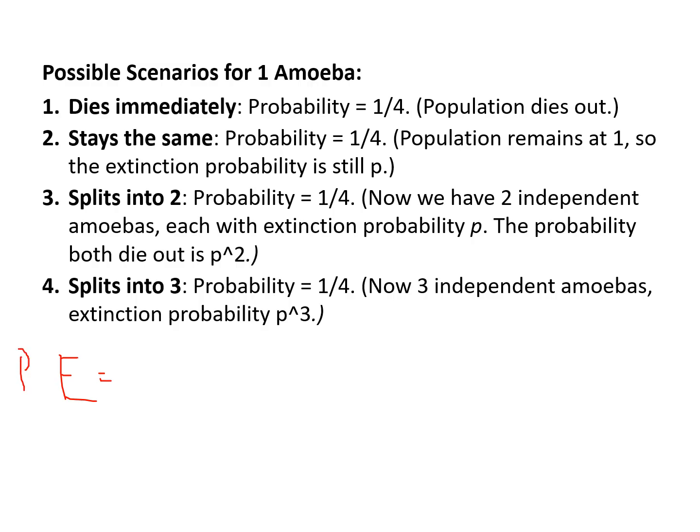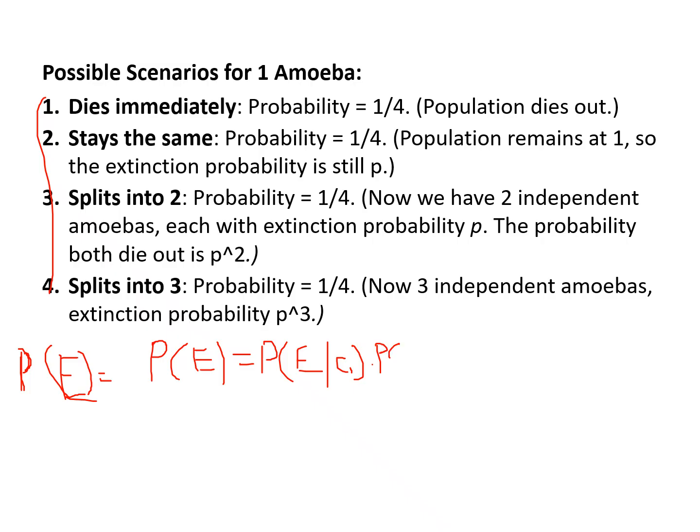So what we need to find is P of E, which is the probability of this event E. Now, whenever you have to find such a probability and you are given a set of different conditions, always think about the total probability theorem, which we can write as probability of an event E is equal to P of E given some condition C1 times probability of C1 plus probability of event E given some condition C2 times probability of C2 and so on.